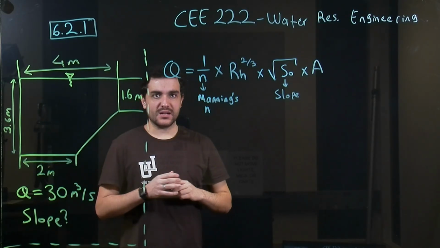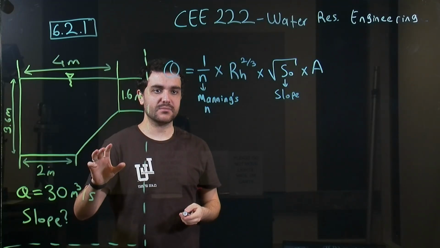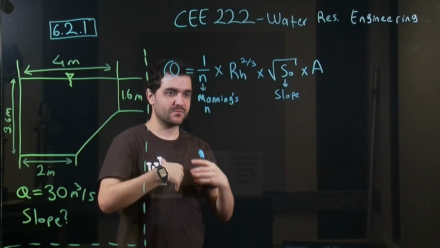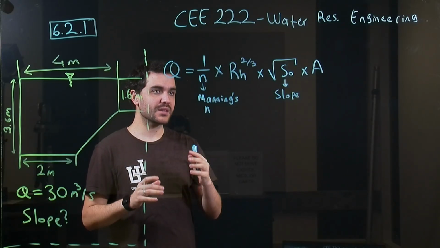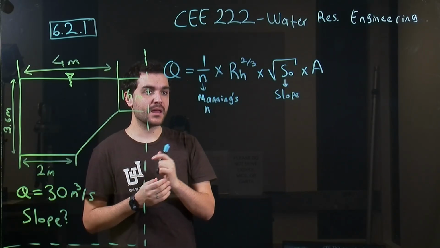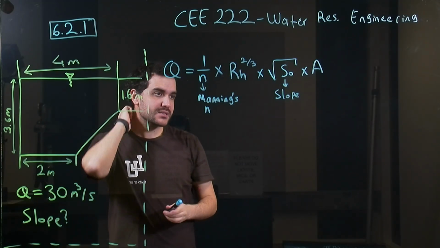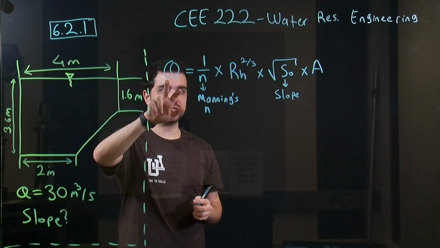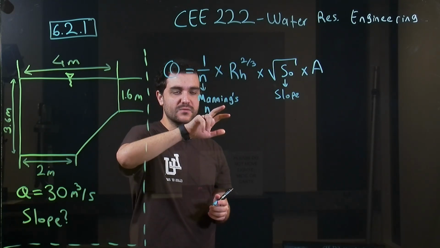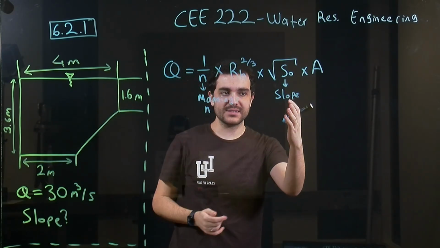So we wrote this equation because we are dealing with an open channel, and Manning's is very important for this type of channels, this type of flows. And here, since we are asked to find slope, and since we know the flow rate, we know Manning's n factor, we know diameter, we know area, we can directly calculate slope.